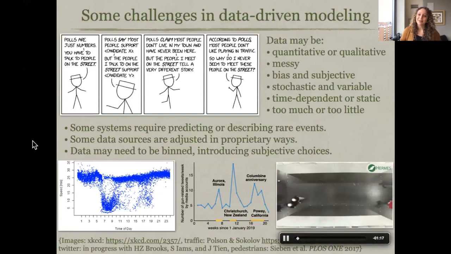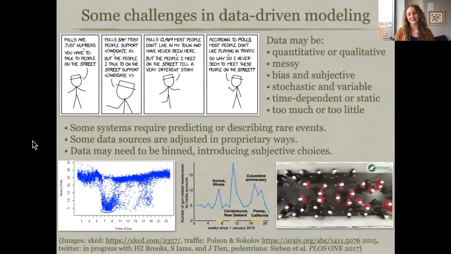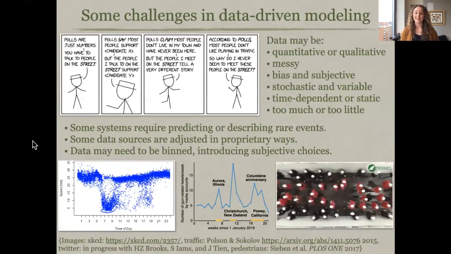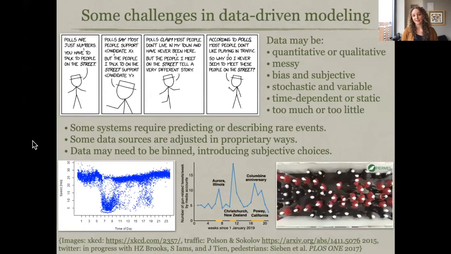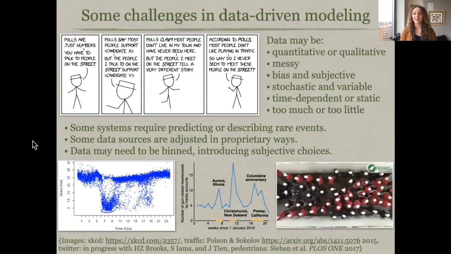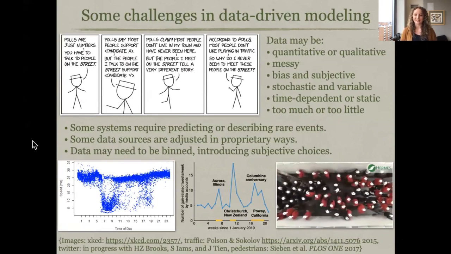So some of the challenges that a person might have when building models based on data: first of all, some data is qualitative, and so there are necessarily subjective choices made in how you work with it. And some data is quantitative. A lot of data is quite messy.